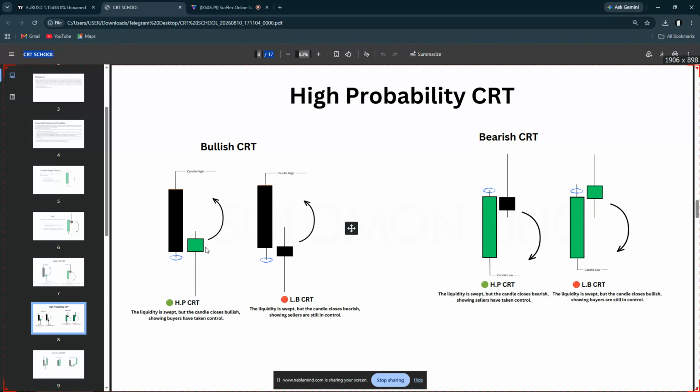And this is showing us that we have higher prices, that price is going to target the candle range high. The same thing is applicable for the bearish CRT, whereby price takes out the high of the range candle and immediately reverses to the candle range low. So the liquidity is swept, but the candle closed bearish, showing sellers have taken control of the market.